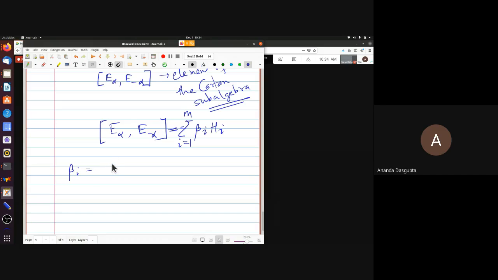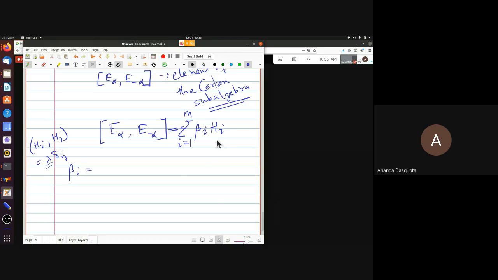Well, simple. All you have to do is remember we had this, H_i H_j was lambda delta_ij, right? Is that okay? Lambda was the constant that we use for all normalizations in the adjoint representation specifically.